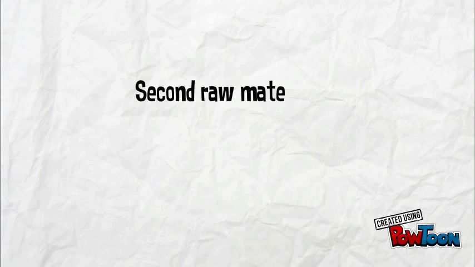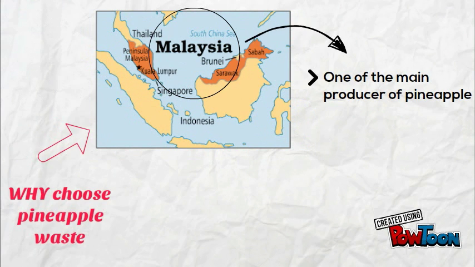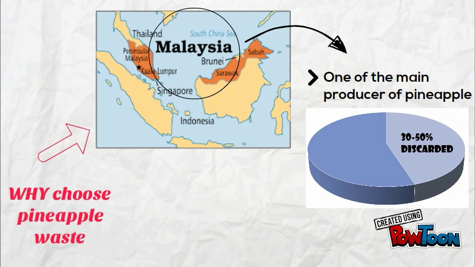The second raw material is liquid pineapple waste. The reason we choose pineapple waste is because Malaysia is one of the major producers of pineapple. In Malaysia, about 30 to 50% of pineapple is discarded during pineapple processing, especially in the pineapple canning industry, which produces large quantities of pineapple waste.